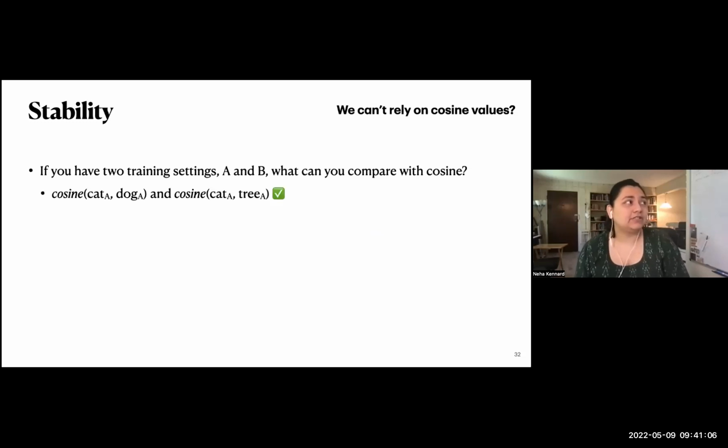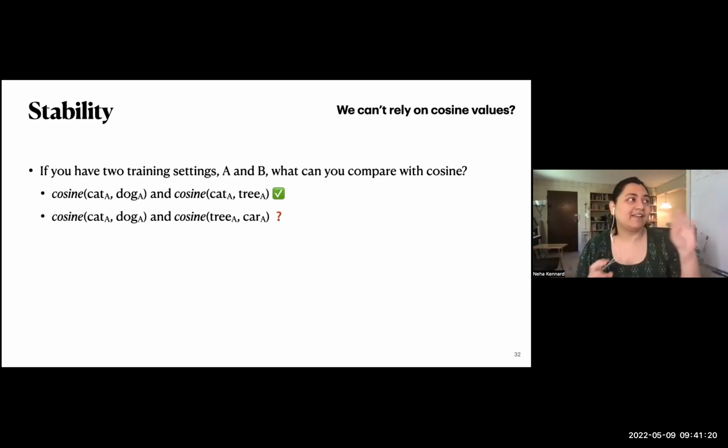First of all, suppose you have cat and dog and you want to compare that cosine with cat and tree in the same set of embeddings. That's perfect. That's the canonical example. It's wonderful, exactly what we trained for. Go for it. Suppose you want to compare cat and dog with tree and car. That's a little bit less well defined.